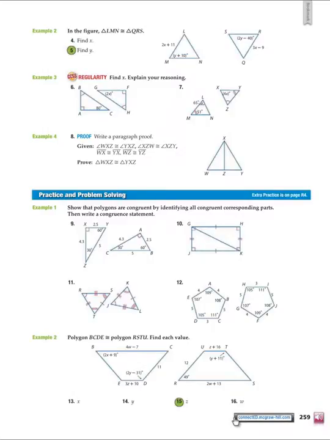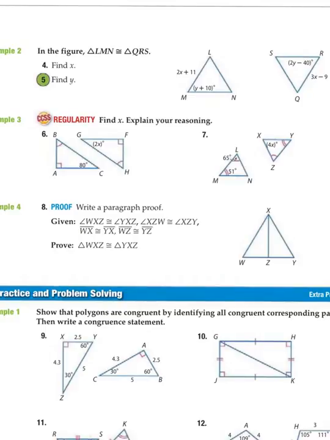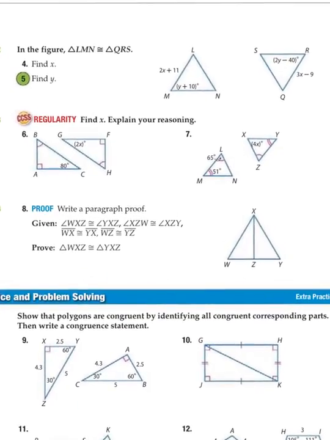Let's look at number 4 here. We have 4 through 8. Now, again, the order of the letters matters. So let's look at what we've got here. We're trying to find X. And I see in my first triangle that X is part of a side.